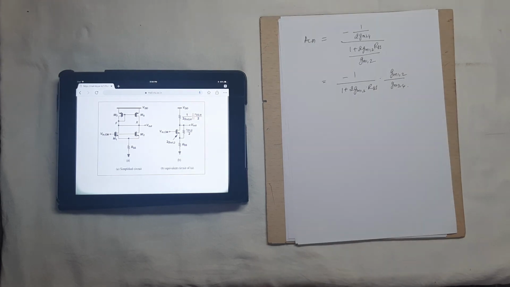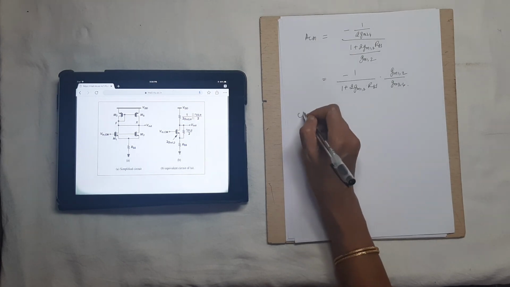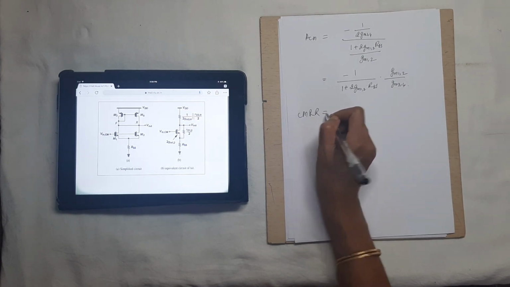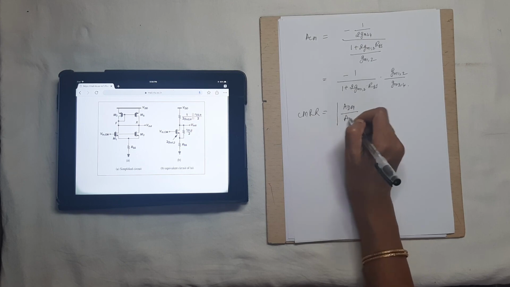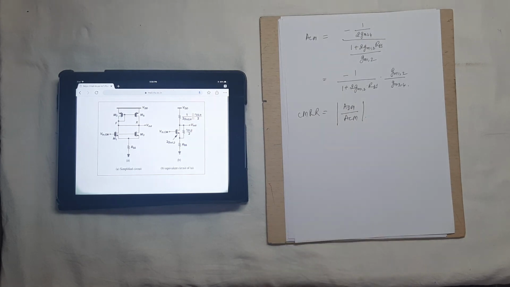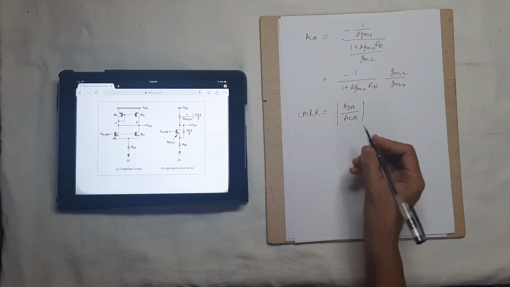Now what is CMRR? CMRR can be defined as ADM divided by ACM: differential gain divided by the common mode gain.